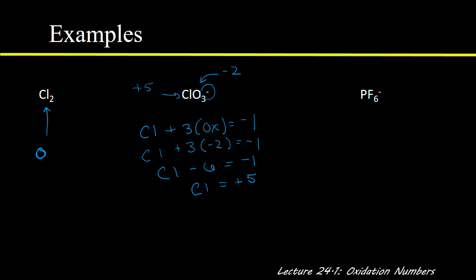All right, for PF6, this is the hexafluorophosphate ion. Not terribly common. We can start our algebraic equation like that. The most electronegative element in this compound is fluorine. So the fluorine is going to get its preferred anionic charge, which is -1.